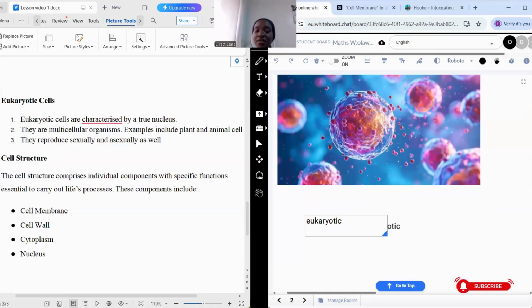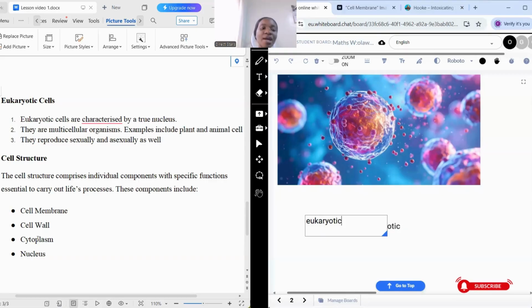It prevents the cell organelles and fluids from leaking out into the surroundings. So this tiny membrane is what we call the cell membrane. It allows the diffusion of substances in and out of the cell. It allows for the exchange of materials between the cell and its environment.